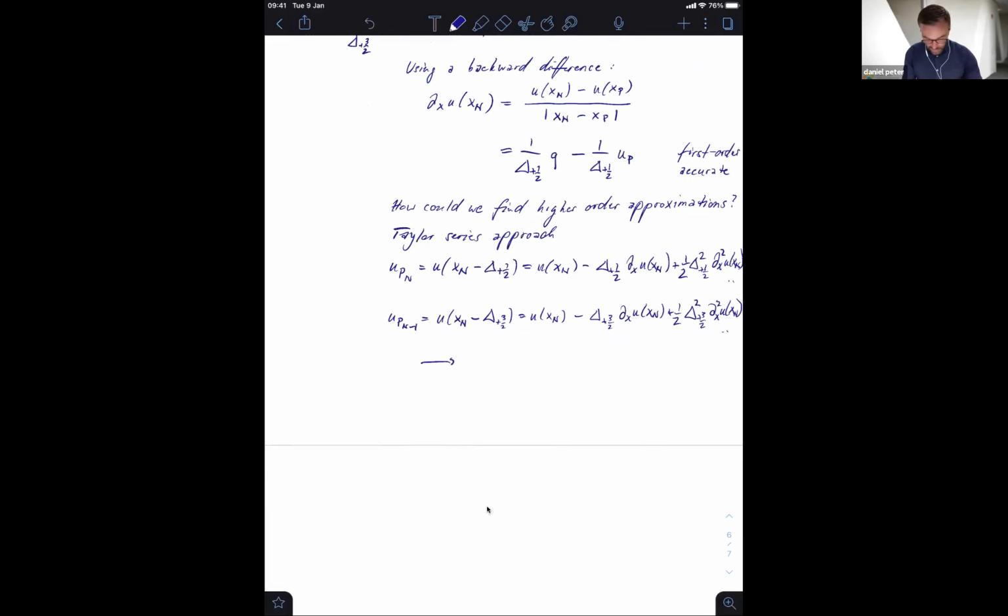So now it's basically a question of adding these two Taylor series together such that we find the derivative expression for grad U at Xn.